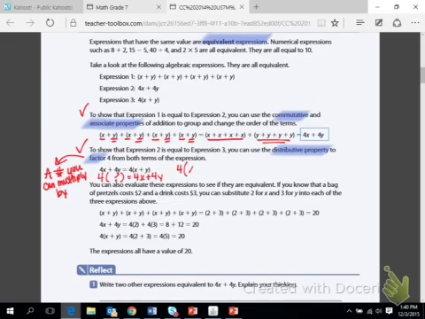Well, x. And if we need to get 4y, what will we multiply by to get 4y? You would multiply by y. So if you took this and redistributed, you would come up with 4x plus 4y again. And this is what our expression was for expression 3.